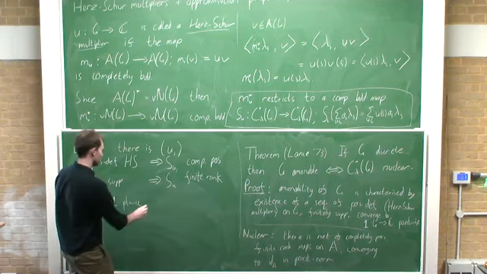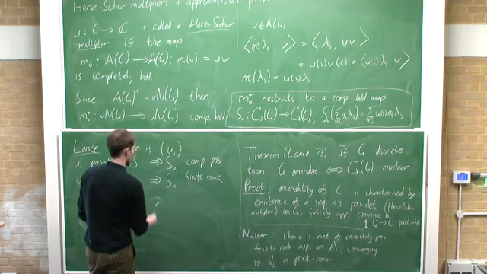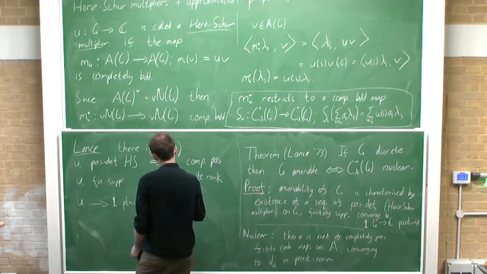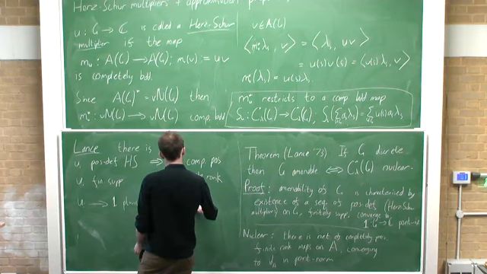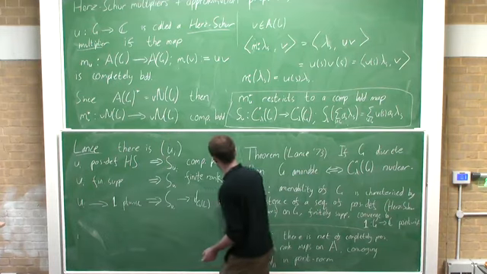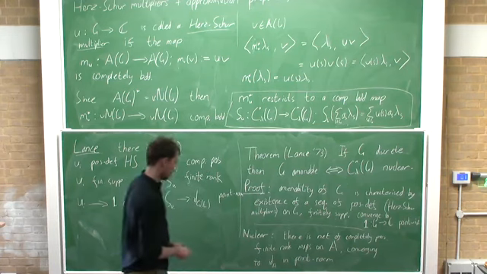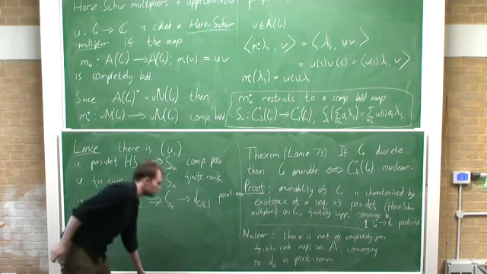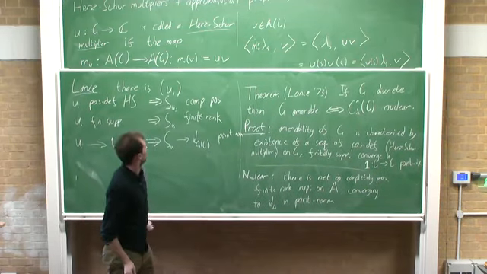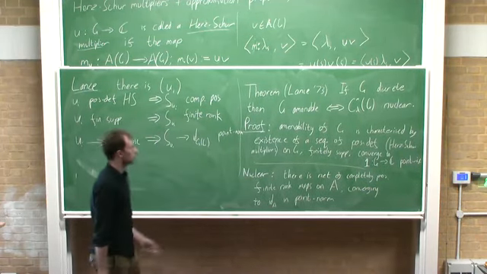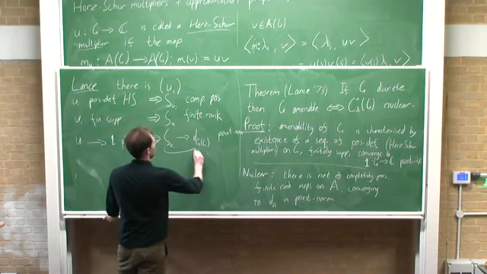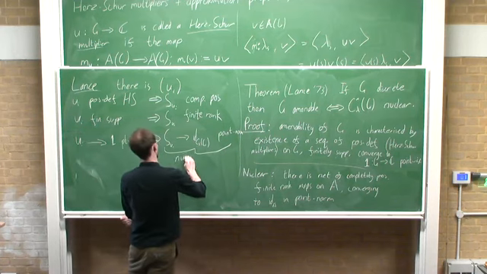And the u_i converging to one pointwise means that the S of u_i converge to the identity map in point norm. And this is exactly nuclearity. So these three conditions give nuclearity.